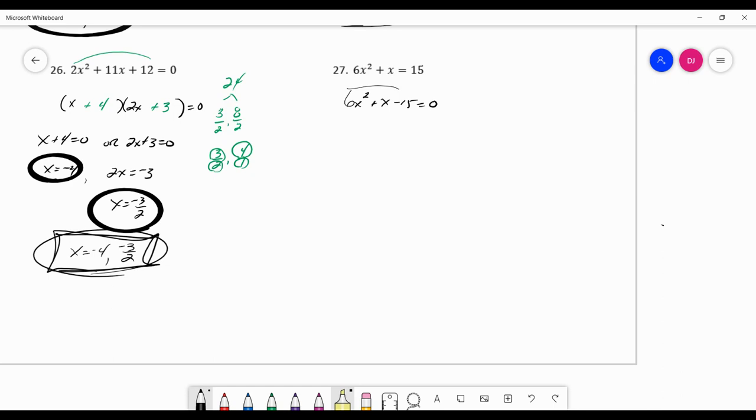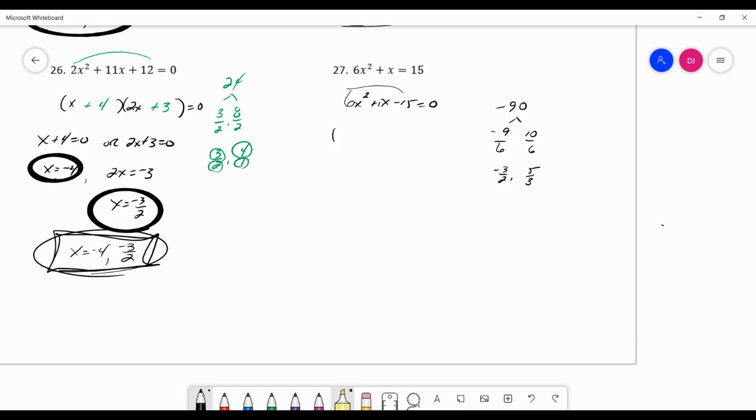So 6 times negative 15 is negative 90. I'm looking for the factors of negative 90 that add up to positive 1. I'm just going to tell you they're going to be negative 9 and 10. Negative 9 times 10 is negative 90. Negative 9 plus 10 is 1. If I divide each of those by the 6, I get negative 3 halves and I get 5 thirds.